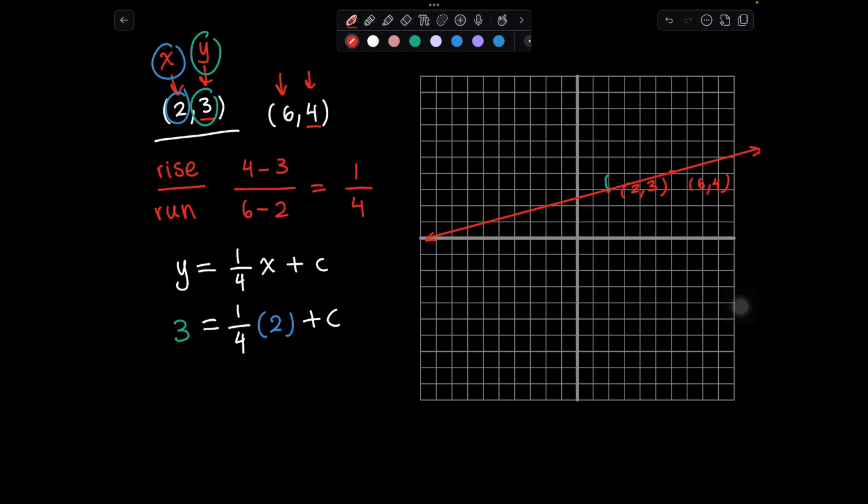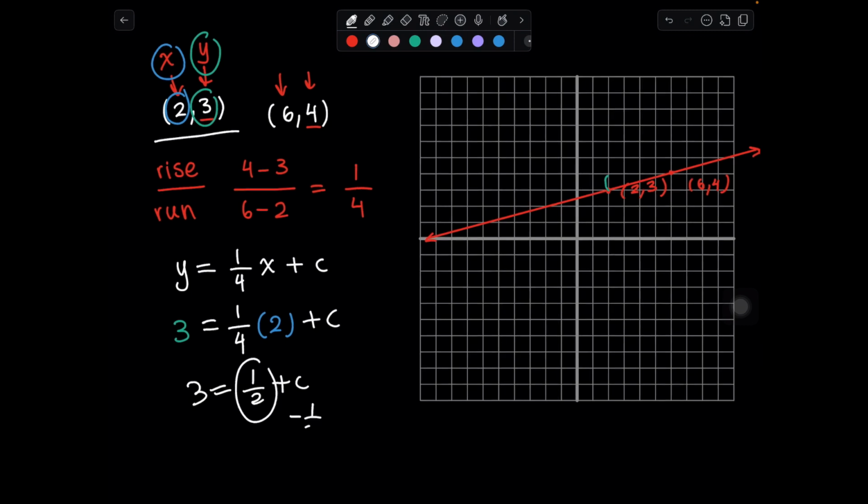And now you can see what happens is we get a quarter times 2 is a half plus c, and we have 3 here. Now all we need to do is just solve for c. So you just move this a half to the other side by subtracting it. So you do minus a half here, minus a half here. So you get c is equal to 3 minus a half, which is 2.5 or 5 on 2.